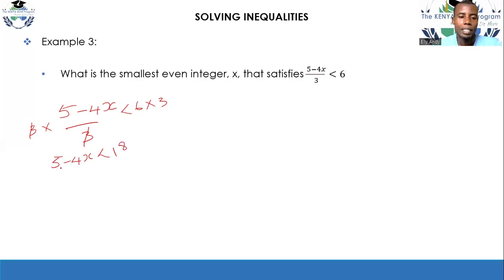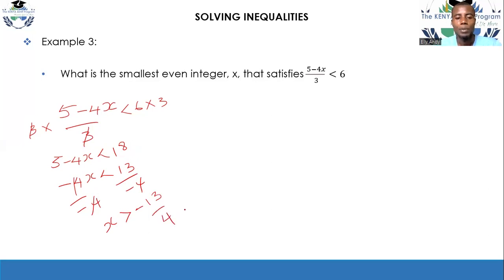Then next, let's subtract 5 from both sides. Then we'll have negative 4x less than 18 minus 5. That gives us 13. Then we divide by negative 4. Remember to flip the sign so that we have x greater than negative 13 over 4.